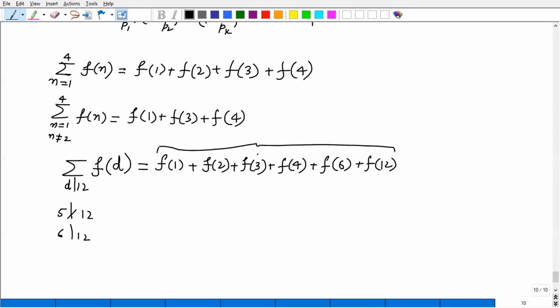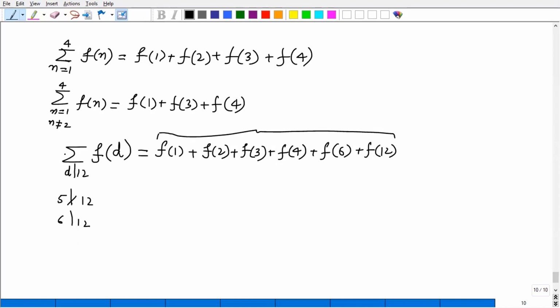Okay, so we can verify this by example, as well as prove in general that the sum is multiplicative.